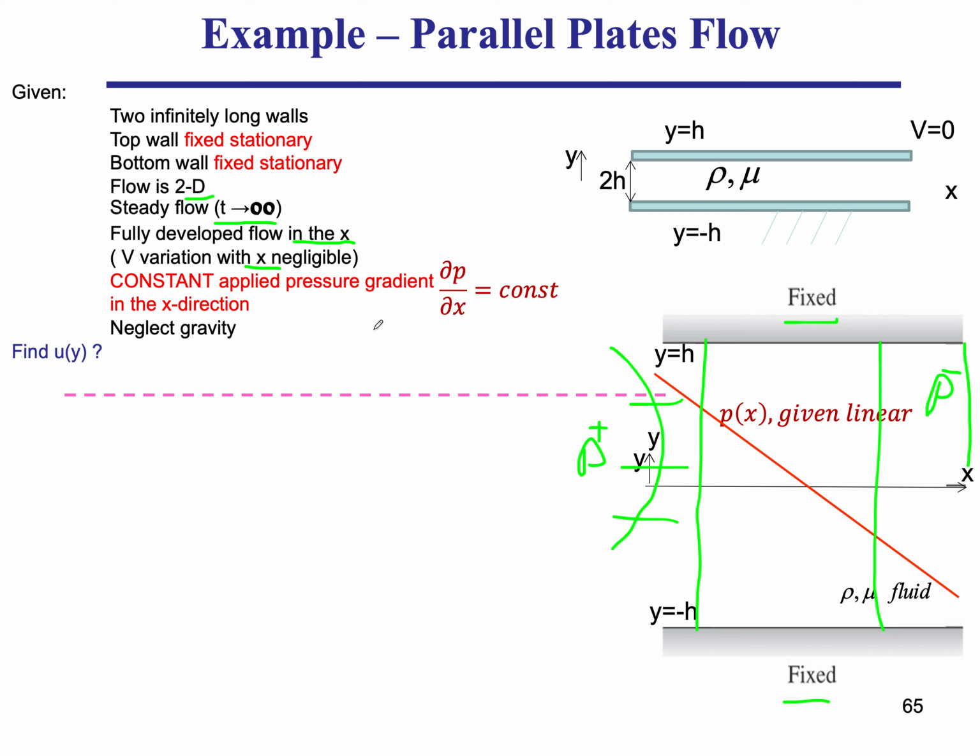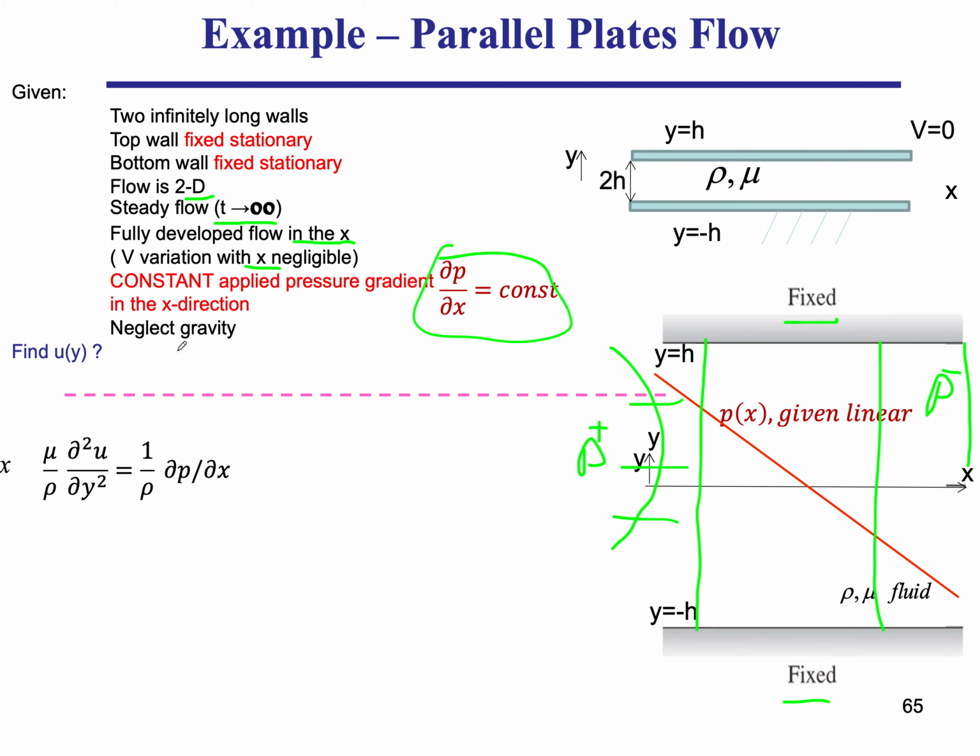The one thing that we have different here is that we said there was no applied pressure gradient in the previous problem. Here we're saying we have a constant applied pressure gradient. So we'll just redo the previous problem, and use dp/dx is constant rather than 0. And as we said earlier, we're ignoring gravity.